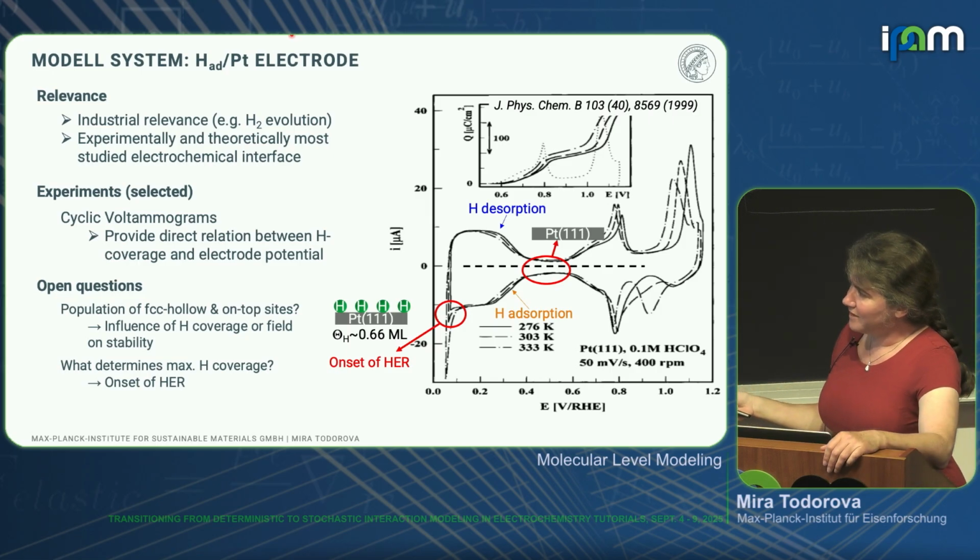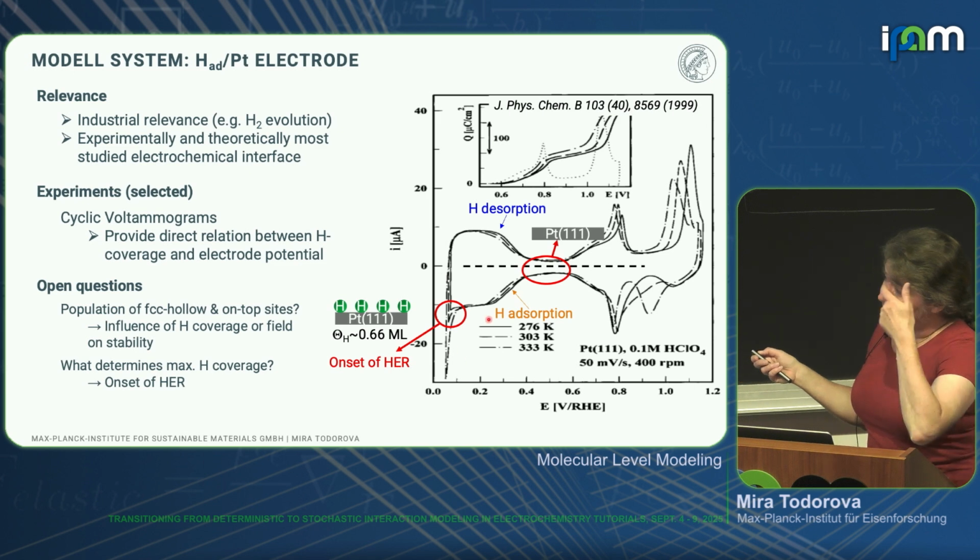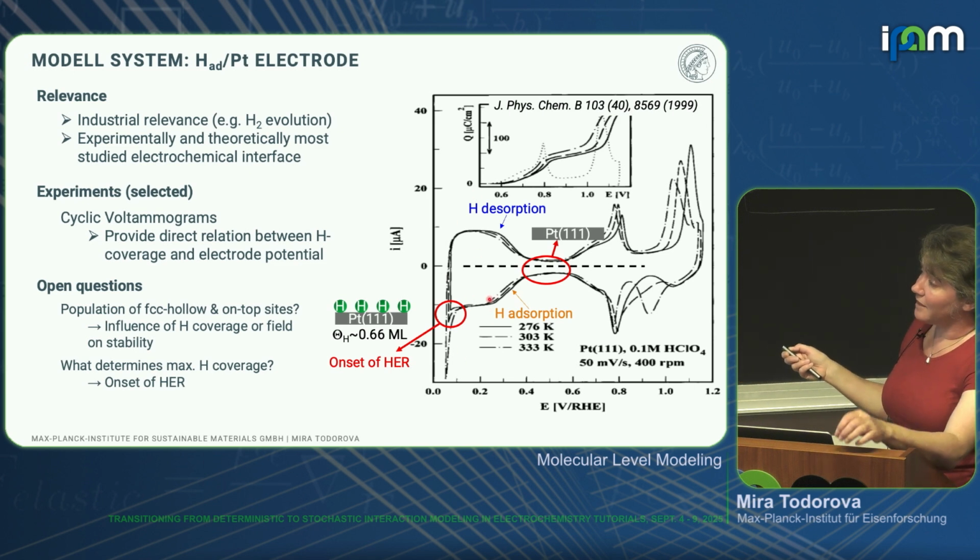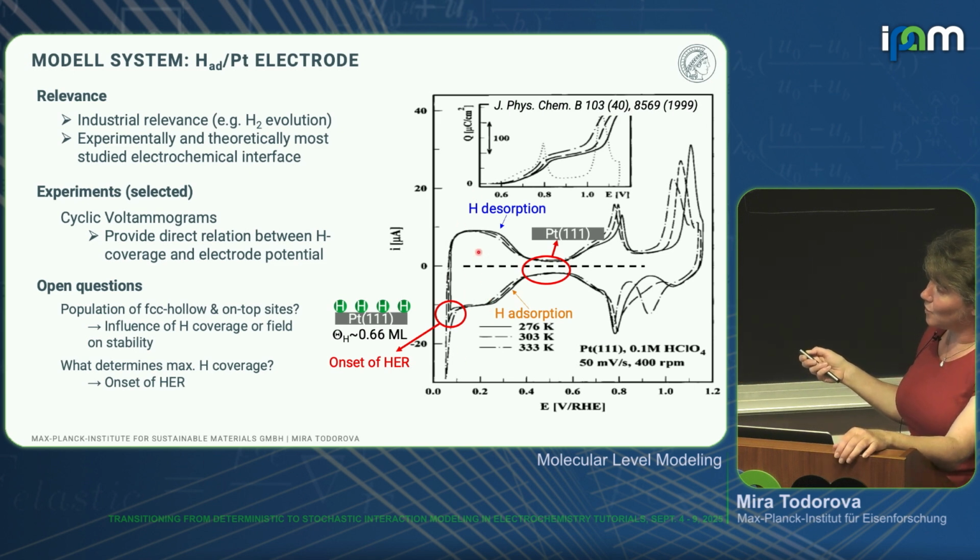Now, very briefly, what you're seeing here is a CV curve, where on one side you have the current that is measured, and this is the change of the electrode potential. And CV curves usually look something like this. So you have here a region where, for platinum, you have hydrogen adsorption, desorption.